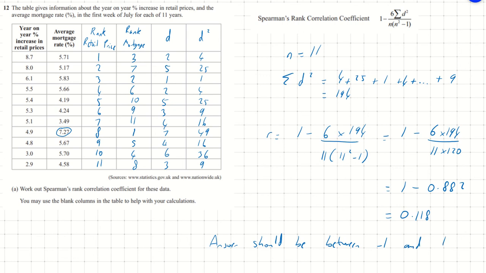If it's close to minus 1, that means a strong negative correlation. If it's close to 1, it means a strong positive correlation. If it's close to 0, it means no correlation. In this example, because 0.118 is close to 0, that means there's no correlation between these two variables.